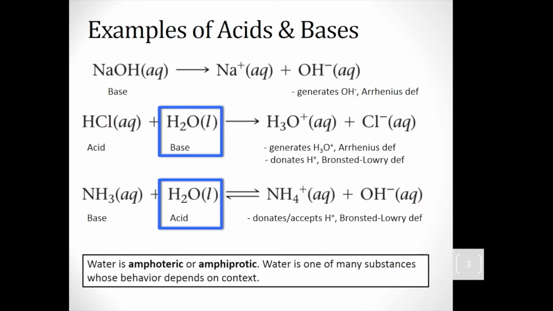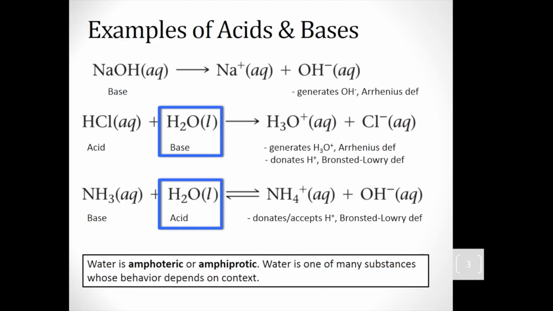So NH3 accepting a proton is a base under Bronsted-Lowry definitions, and water donating a proton is an acid. Water acts as an acid or a base depending on the context of the reaction, so water is amphoteric or amphiprotic. Specifically, it's amphiprotic because it can donate or accept a proton. Amphoteric is a little more generic, but it is a substance that can behave as an acid or a base, depending completely on the context.